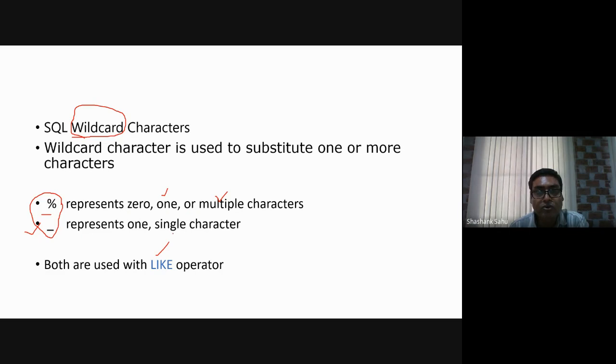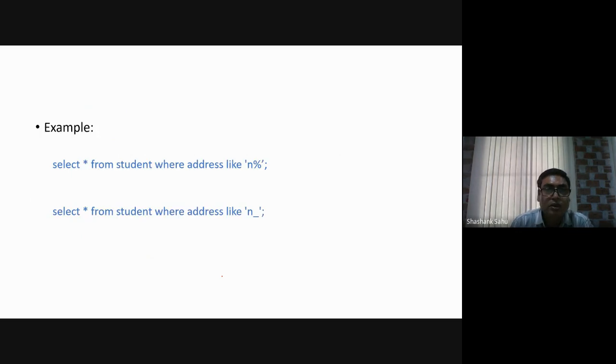As I have gone through in this presentation, the like operator is used in the where clause. See the output. So we have two queries here. Select star from student. I think you all know up to this level. Then we are putting the where clause, and I want to put some like option, substring related, in the address column.